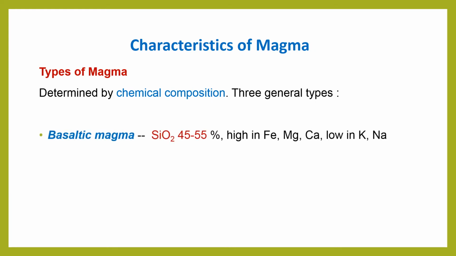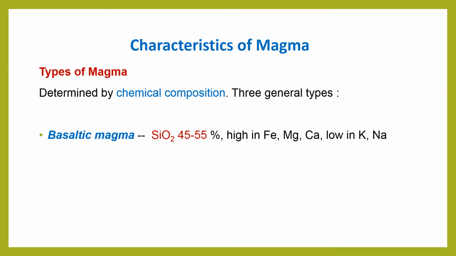Basaltic magma has a silica content from 45 to 55%. This kind of magma is high in iron, magnesium, and calcium, and low in potassium and sodium.